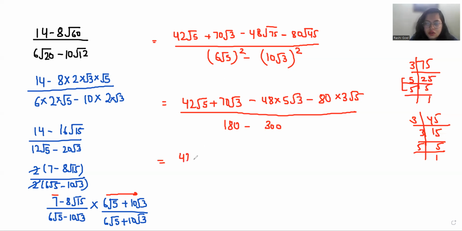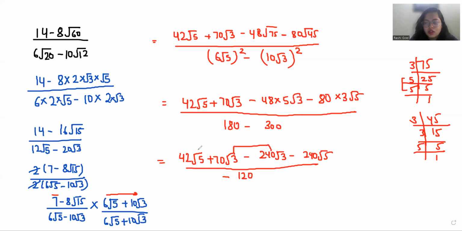Now 42 root 5 plus 70 root 3 minus 48 times 5 is 240 root 3 minus 240 root 5 by negative 120. So we can combine root 3 with root 3 and root 5 with root 5. So 42 minus 240 is negative 198 root 5 minus negative 170 root 3 by negative 120.